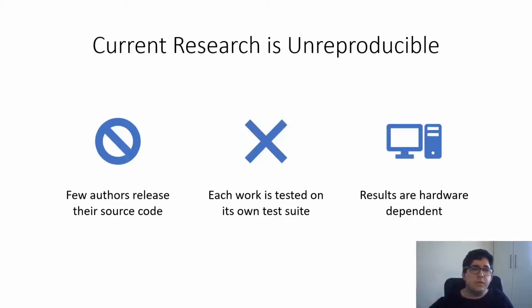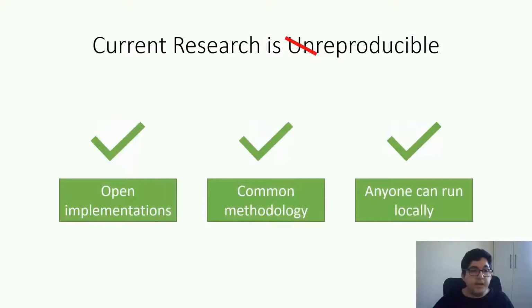And it would be so much easier. It would have spared me like 6 months to 1 year of development if there were more open implementations, there were a common set of benchmarks, and all of this was really accessible for anyone to run. In other words, if the research was more reproducible, if it was more open. And this is a thing we all should strive for in our fields.